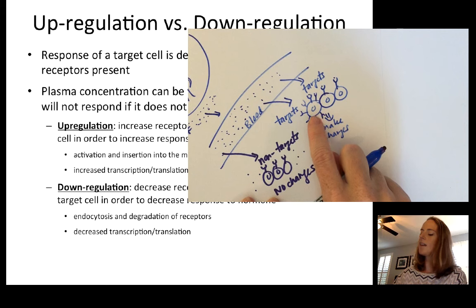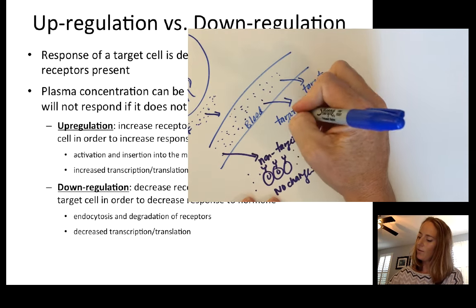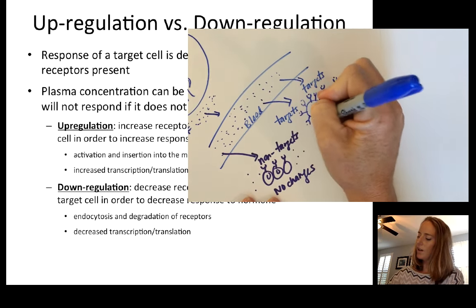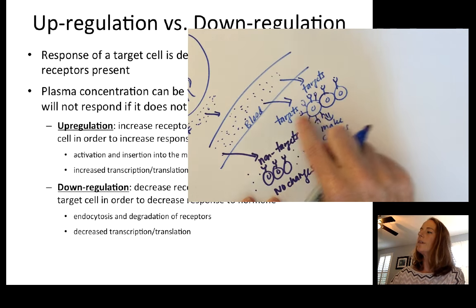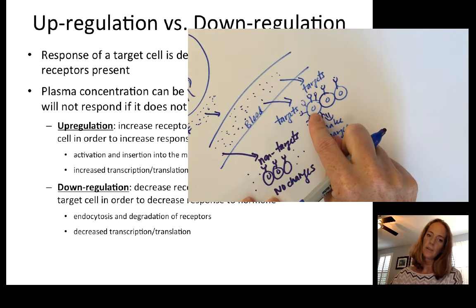Right, the one that is upregulated. So upregulation means that we add more receptors, and now this cell will be able to receive the signal more from that hormone that is in the bloodstream.